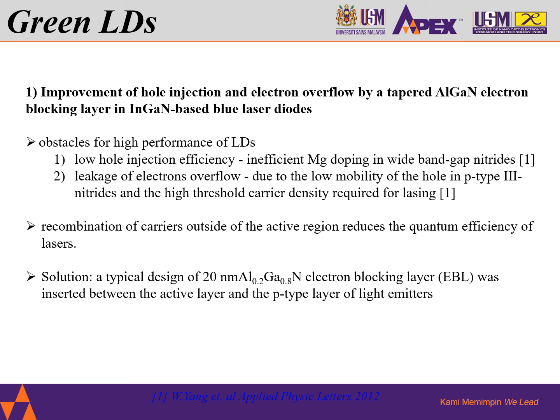As a result, recombination of carriers outside of the active region reduces the quantum efficiency of lasers. So as a solution, a typical design of a 20 nanometer AlGaN electron blocking layer (EBL) was inserted between the active layer and the p-type layer of the light emitters.